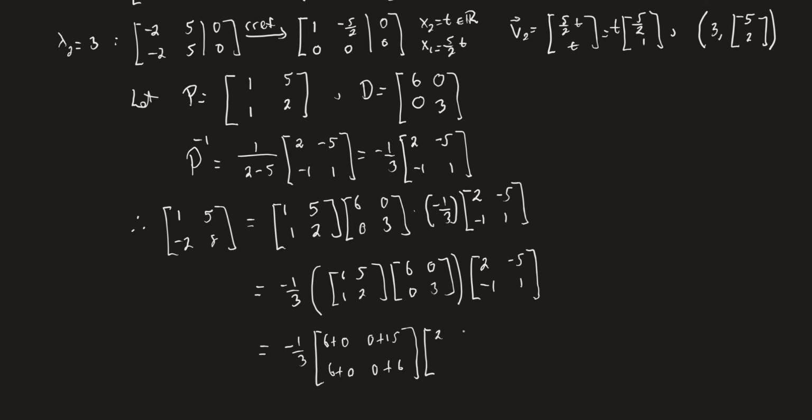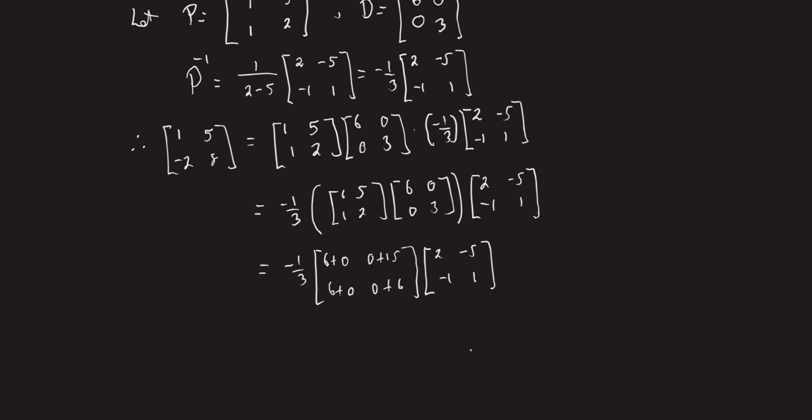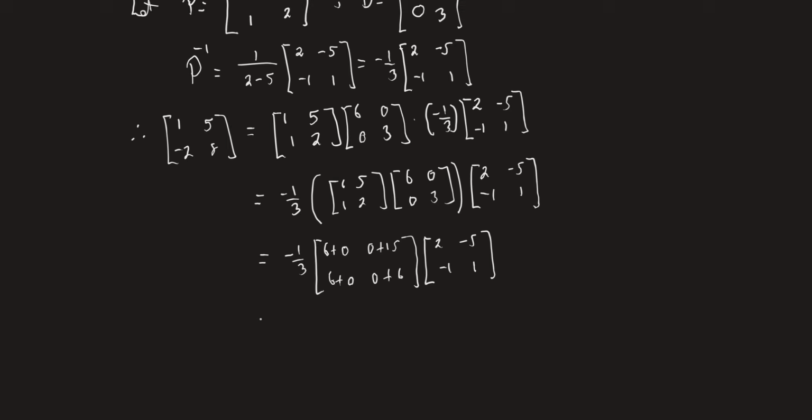Then we have 2, negative 5, negative 1, 1. If we simplify the entries here, we'll have 6, 15, 6, and 6. And looking at these 4 entries, they're all multiples of 3.